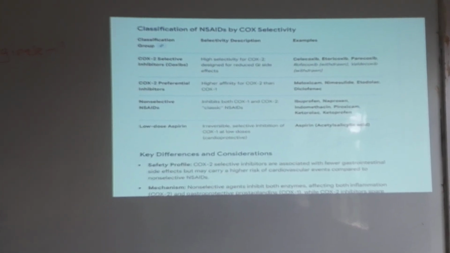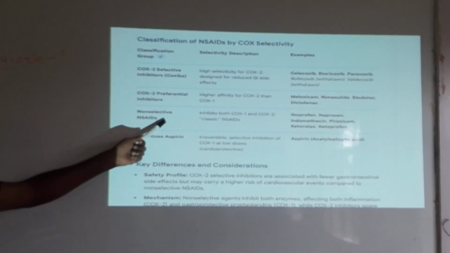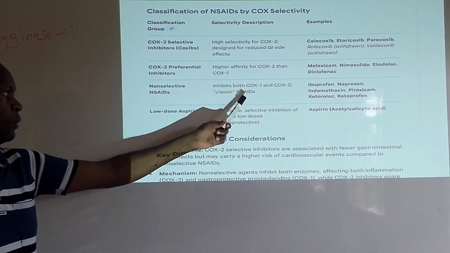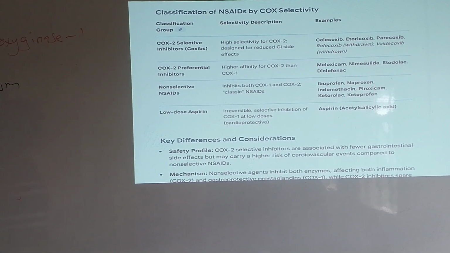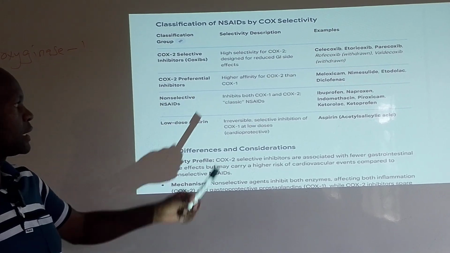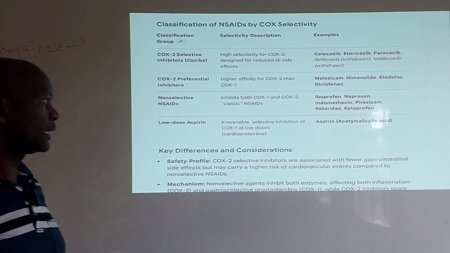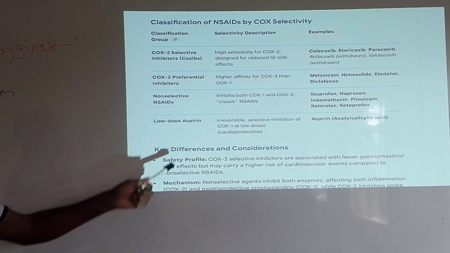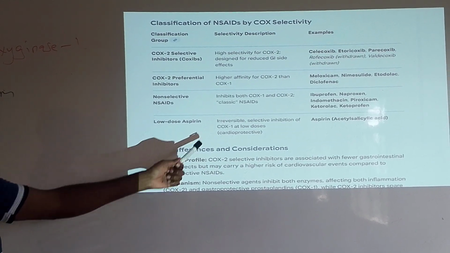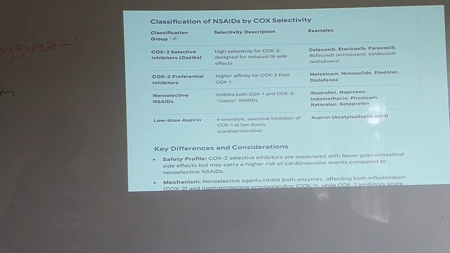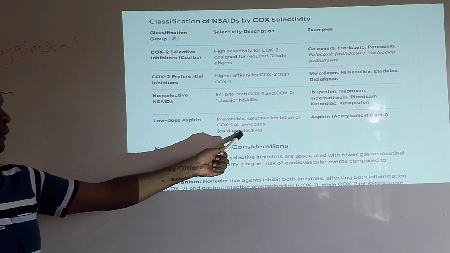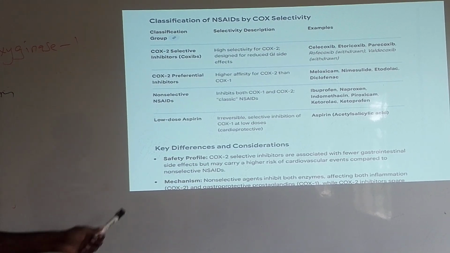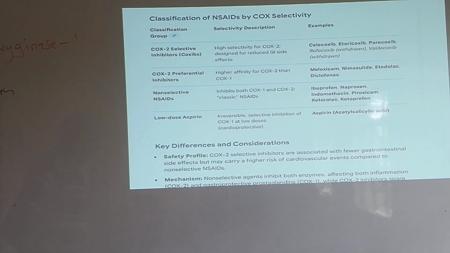diclofenac, among others. Then we have the non-selective in general. They inhibit both COX-1 and COX-2 in equal measures. Examples of this category you have ibuprofen, indomethacin, naproxen, among others. So the low-dose aspirin, which is COX-1 selective, plays a role we refer to as a cardioprotective role. So there are key differences and considerations you need to make here.